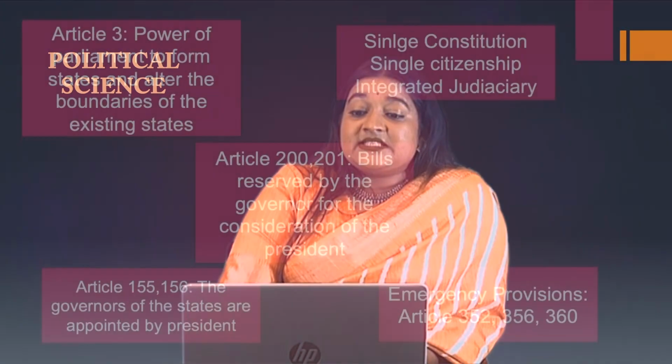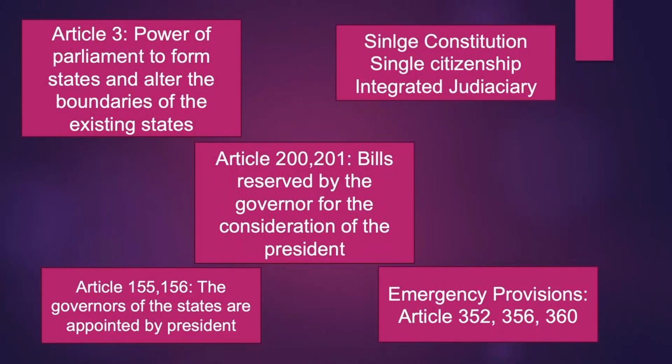In order to justify these thoughts, we have listed a lot of things in the Constitution of India, like the powers of parliament to alter the boundaries of states, the emergency provisions being very important, wherein when an emergency comes into existence, the entire power goes to the center, the powers to appoint the president, the governors, etc. There is a strong center, there is overlapping between the matters wherein predominance is given to the union, that is the center, and matters of the concurrent list or the state list will finally be decided by the center if needed.